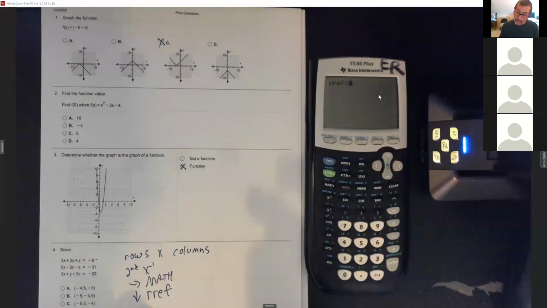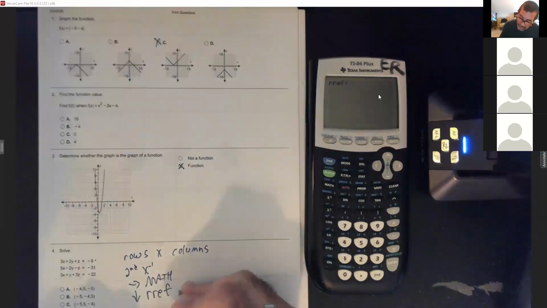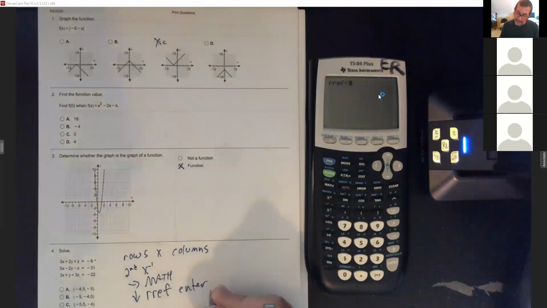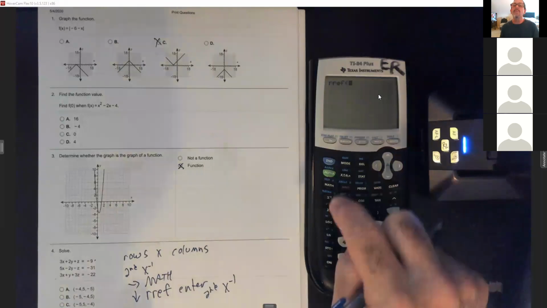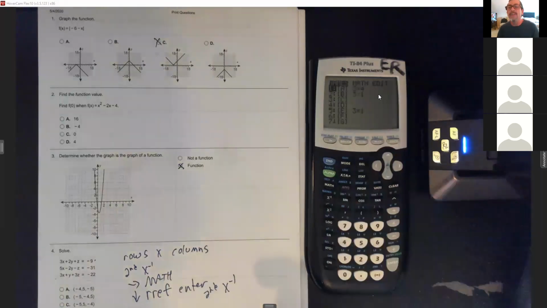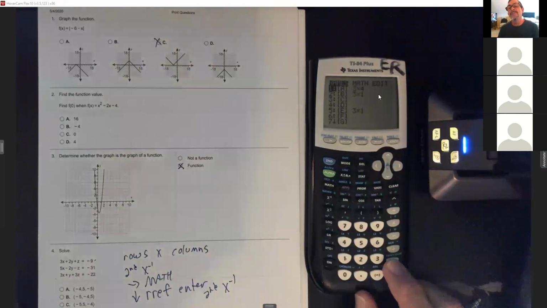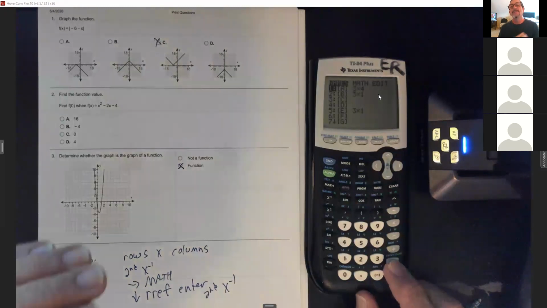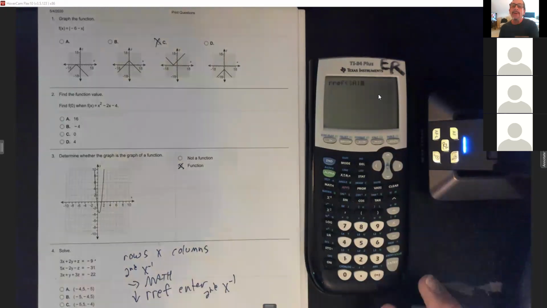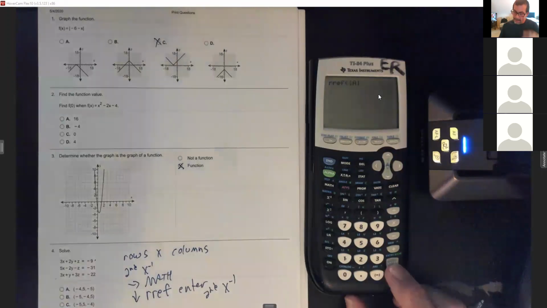Now, we go back and put our matrix into it. So after RREF, I hit enter. Then I go back into second, x negative 1, and hit enter because I put my matrix in for matrix A that's highlighted. So when I hit enter, it brings my matrix onto the screen, and I just hit enter again.